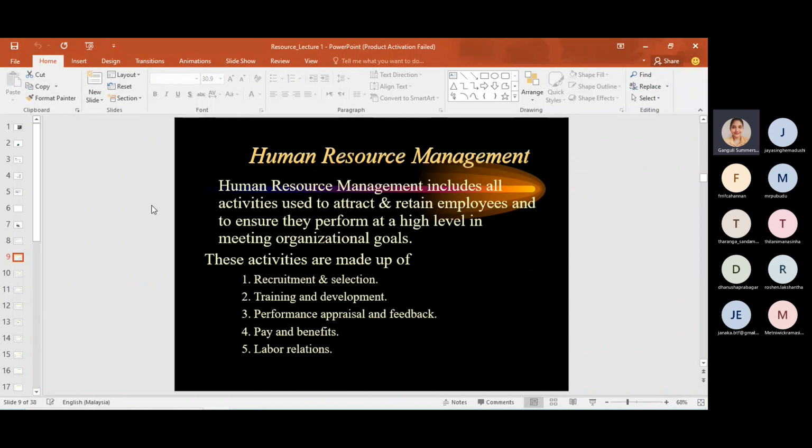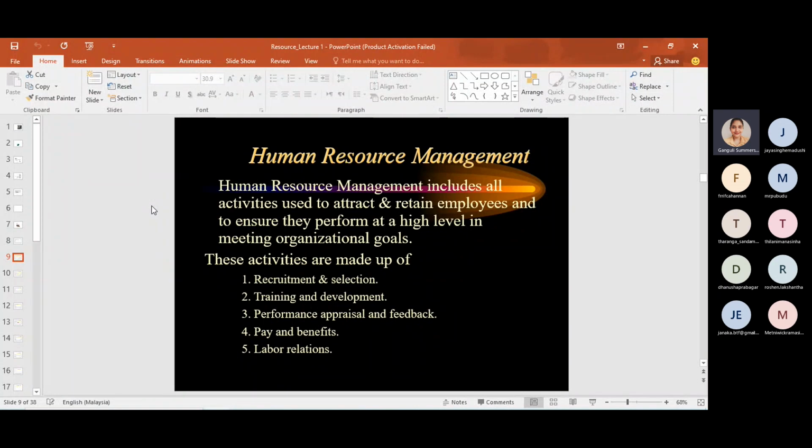Because there is no point if you hire 10 employees today and all of them resign 2 months later. For example, let's say you hire 50 employees today and they hand over their resignation 2 months later. So there is no point, right? No point of hiring 50 employees because they all didn't retain. They just stayed in the organization for a very short period of time. So there is no retaining.